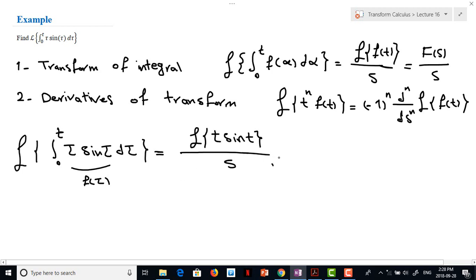So now we have to find the Laplace transform of t sine t. Based on the derivative of transform, the denominator is this s. In the numerator, we have t, so you just compare it with the derivative of transform equation.